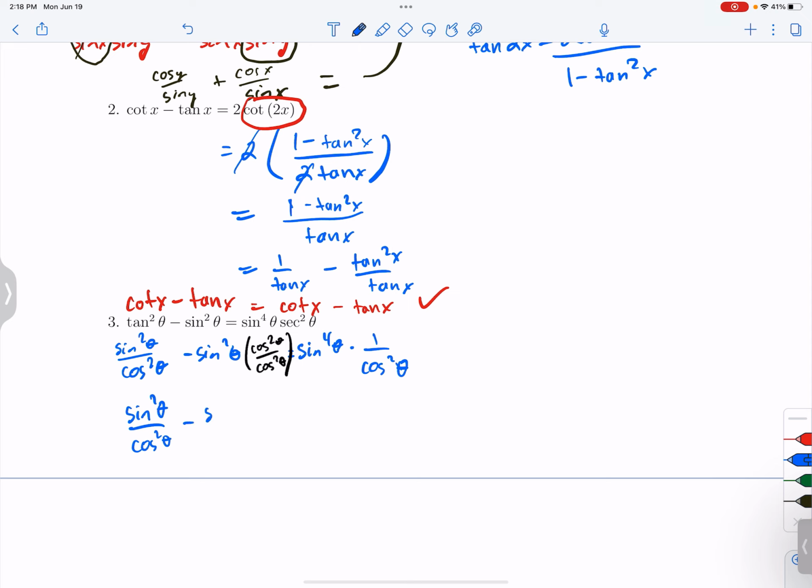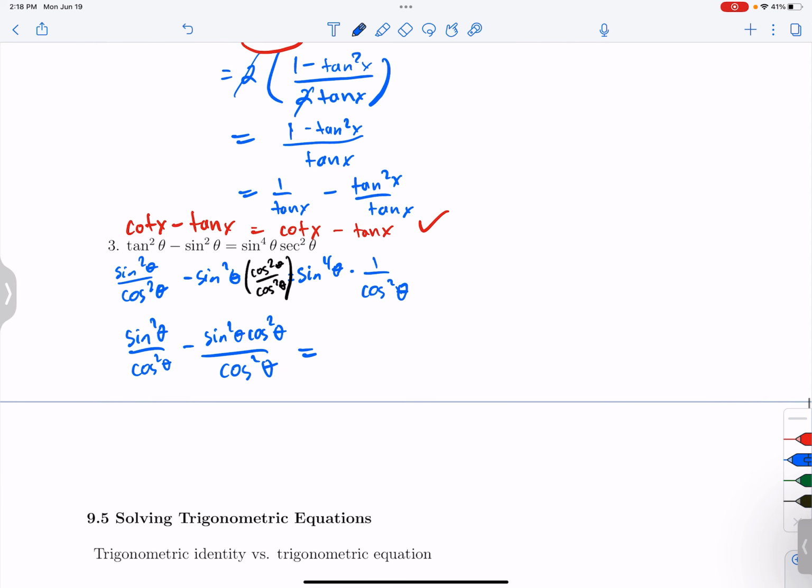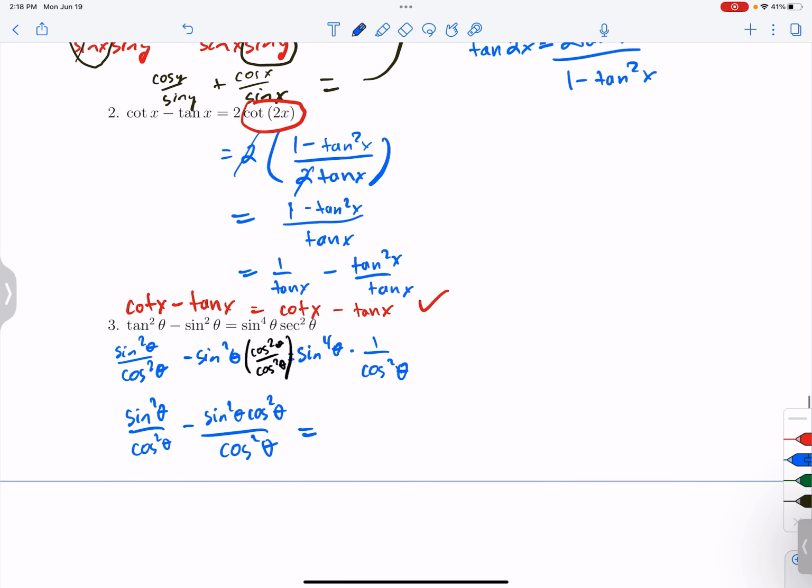Minus, I'm left with sine squared theta cosine squared theta, divided by cosine squared theta. And combining those fractions, we're going to have sine squared theta minus sine squared theta cosine squared theta divided by cosine squared theta.